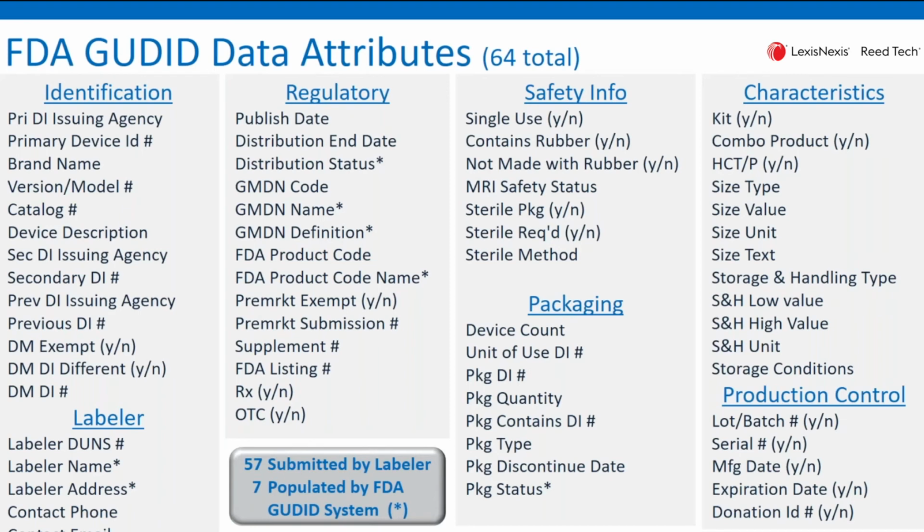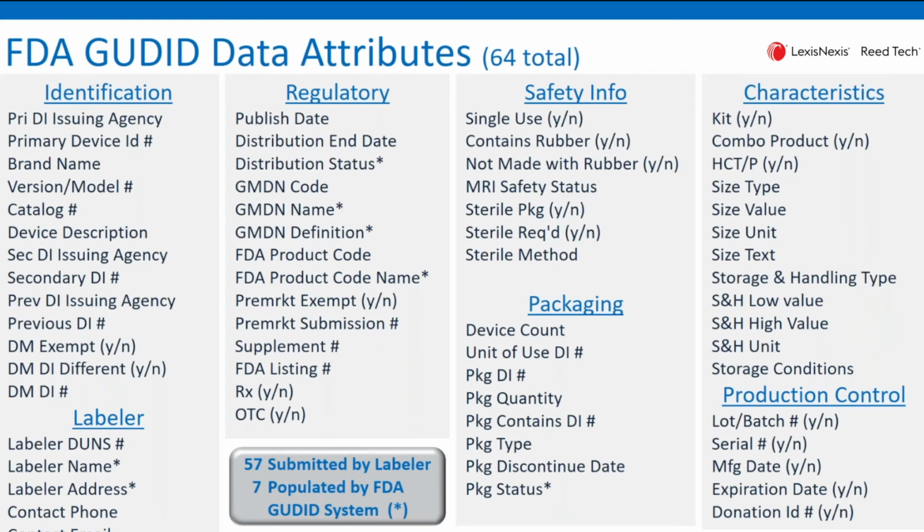So there's a number of attributes categorized here by the identification of the product, the labeler, regulatory information, safety information, packaging, various characteristics of the medical device, and production control attributes. All of these particular attributes need to be submitted to the FDA. And this does present somewhat of a challenge in collecting that information, making sure it's nice and clean and ready for submission.